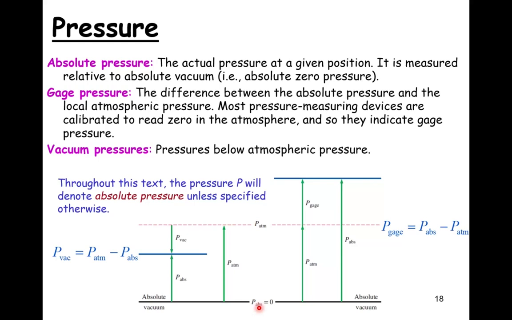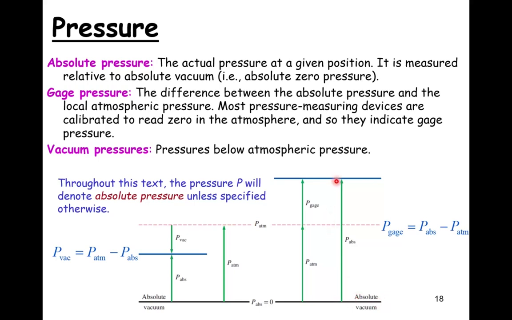That means any pressure measured with respect to this datum, which has a pressure of 0, is called absolute pressure.